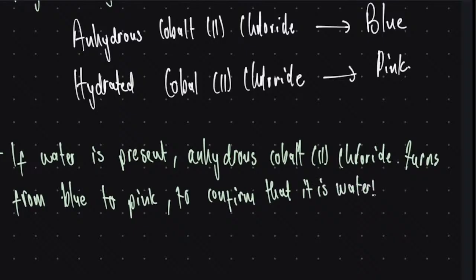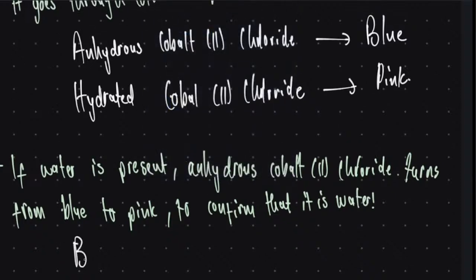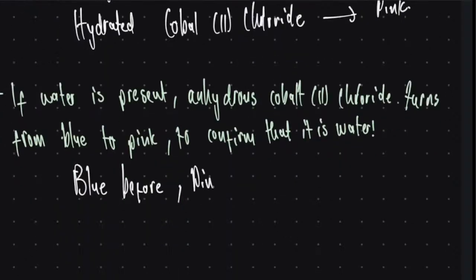So it does this with water. Here's what we say. Anhydrous cobalt 2 chloride is blue before water and pink after water. Blue before, pink after. Are we together? This is the first test for water.